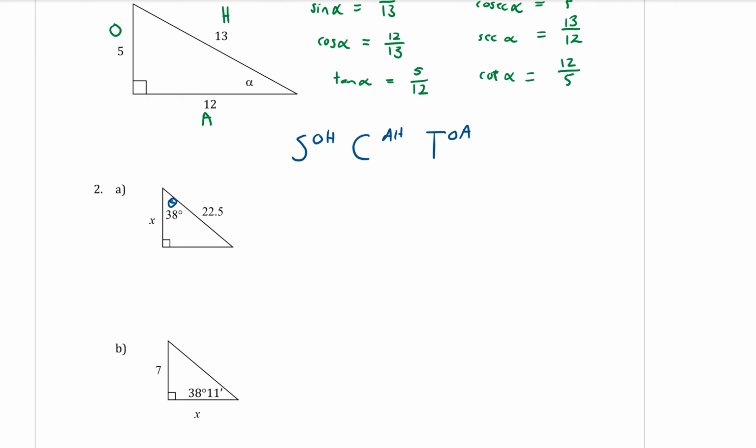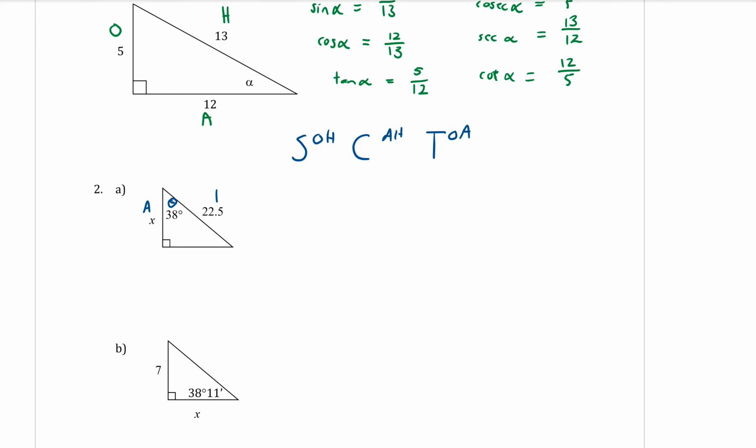The x is my adjacent side, and the 22.5 is the hypotenuse. So adjacent and hypotenuse means that I need to use the cos formula. So that's cos theta equals adjacent over hypotenuse. When I sub into that, I'll get cos 38 equals x over 22.5.